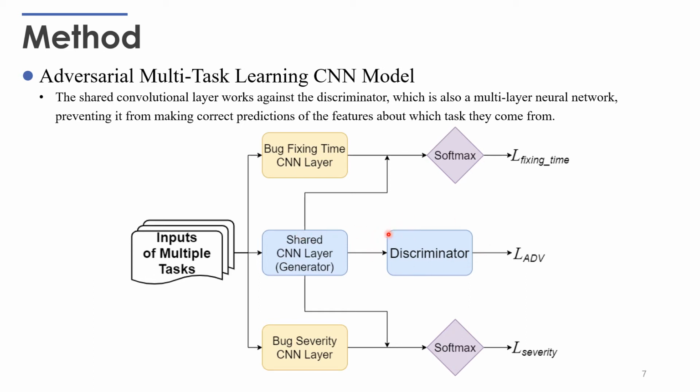The discriminator here is also a multi-layer neural network, and the discriminator tries to figure out where this shared feature comes from. For example, if this shared feature comes from the bug fixing time task or the bug severity task. And the generator tries its best to prevent the discriminator from making the correct predictions.